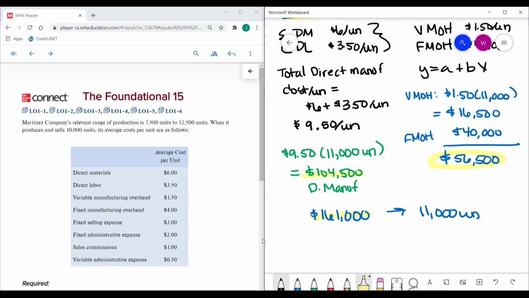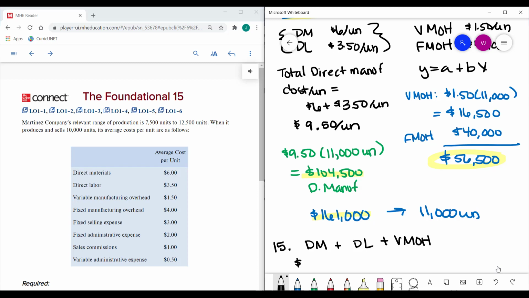So incremental manufacturing cost is just another way of asking what is the extra cost incurred just to make one extra unit within the relevant range. Well, one unit is going to require direct materials, direct labor, and variable manufacturing overhead, right? The fixed overhead is incurred in total every period, and that doesn't change. The fixed overhead is incurred every period regardless of level of production as long as we're within the relevant range.